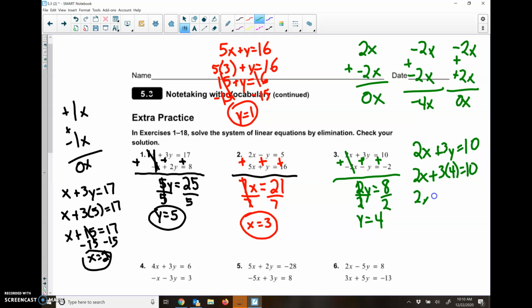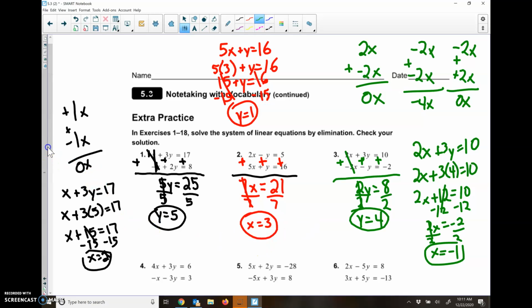So I have 2x plus, now I have 12 equals 10. Then I'm going to subtract 12 from each side. So 2x equals a negative 2. Divide, divide, x equals a negative 1. So my two answers there, y is 4 and x is negative 1.